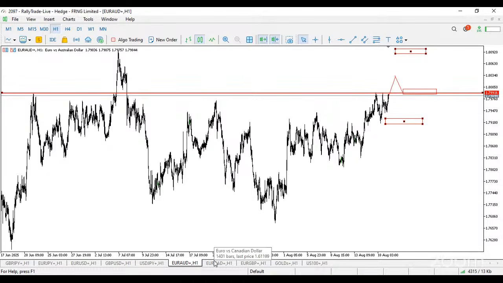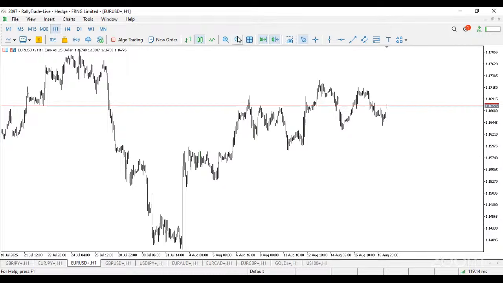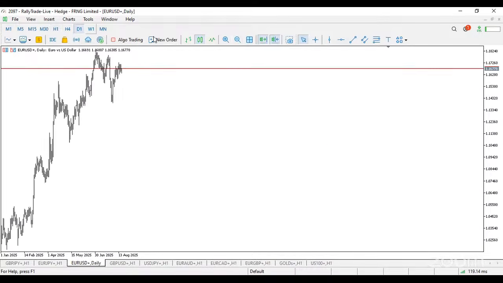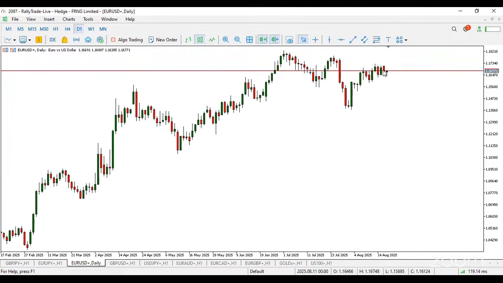Now let us move to the other major currency pairs charts. I'll start from EuroUSD. What do we have on EuroUSD? The USD index has been consolidating for some days now, which is why we are seeing the EuroUSD pair consolidating.